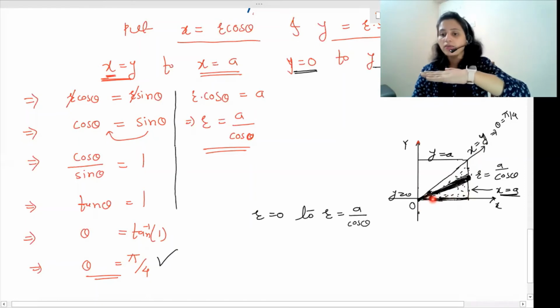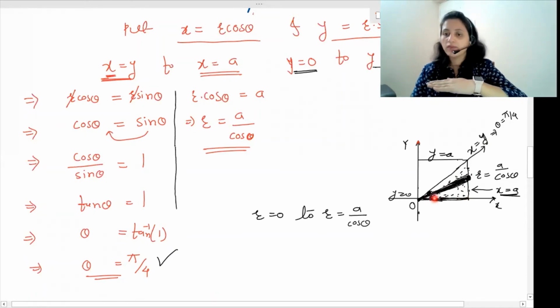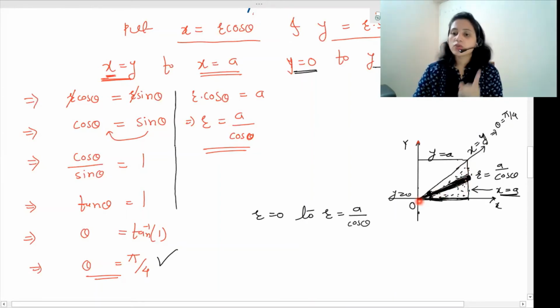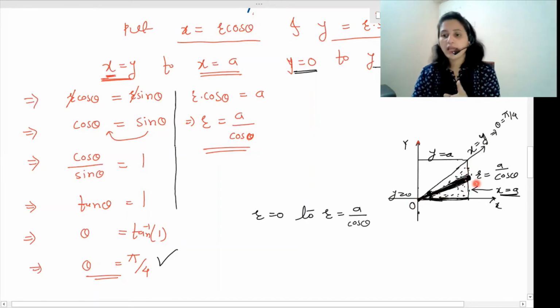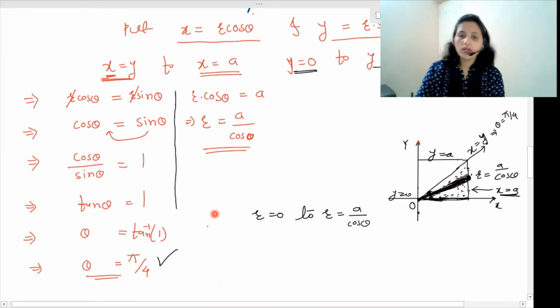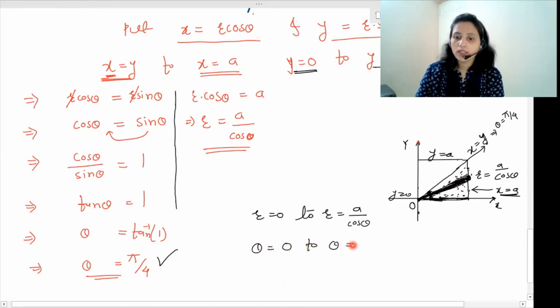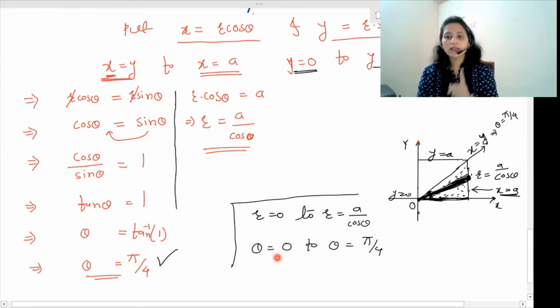Theta varies from the x-axis, that is the initial line, which is 0, to pi by 4. So this strip goes from 0 to a by cos theta and moves from theta equal to 0 to theta equal to pi by 4. So these are the new limits for r and theta.